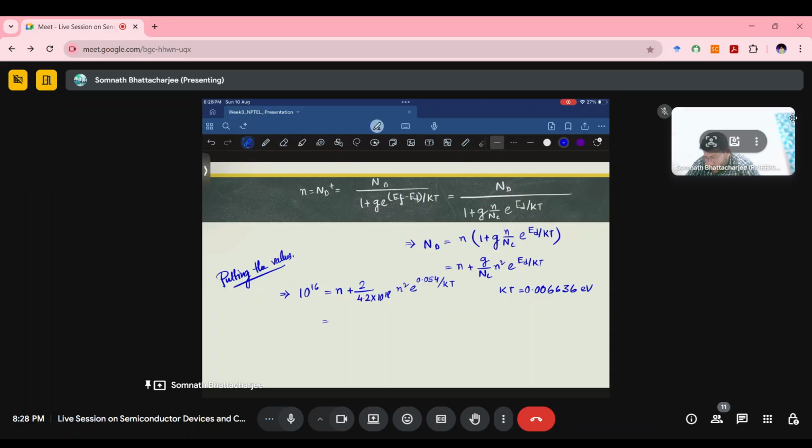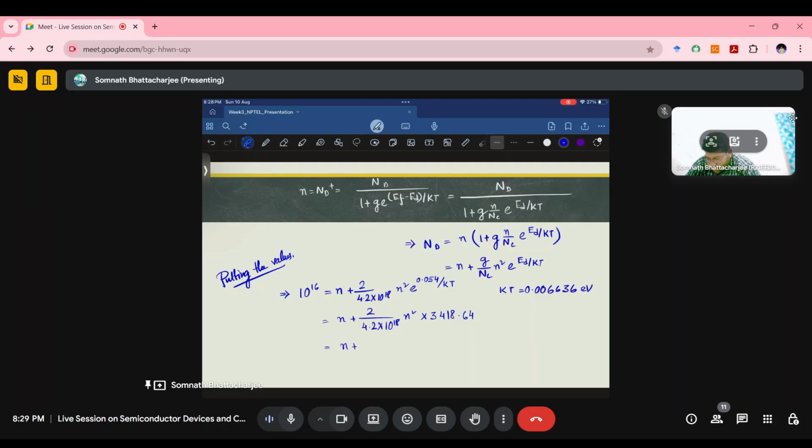So e to the power of 8.137 is 3418.64, and we get N plus 2 by 4.2 into 10 to the power 18, N square, multiplied by 3418.64.